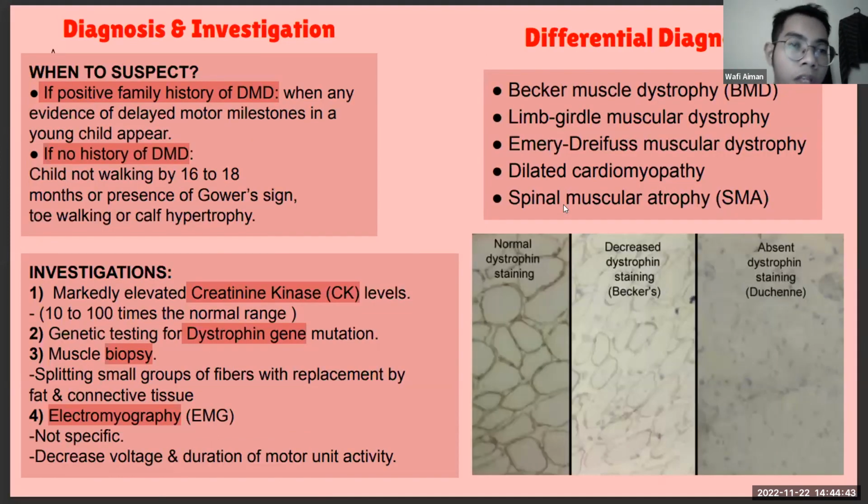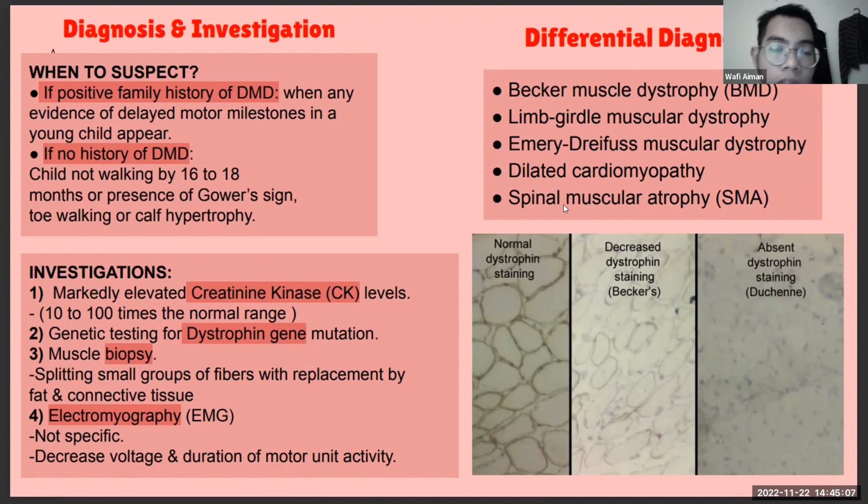And then we move to diagnosis and investigation. When to suspect a patient with muscular dystrophy. So first we do history taking, and then we ask the patient if they have a family history of DMD. And then if there is, we look for evidence of delayed motor milestone in a young child.